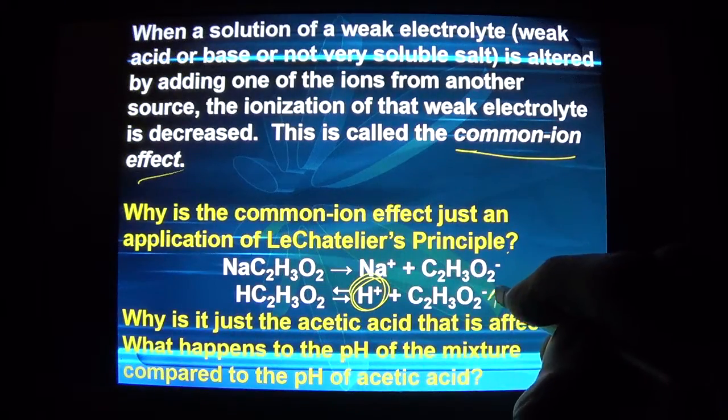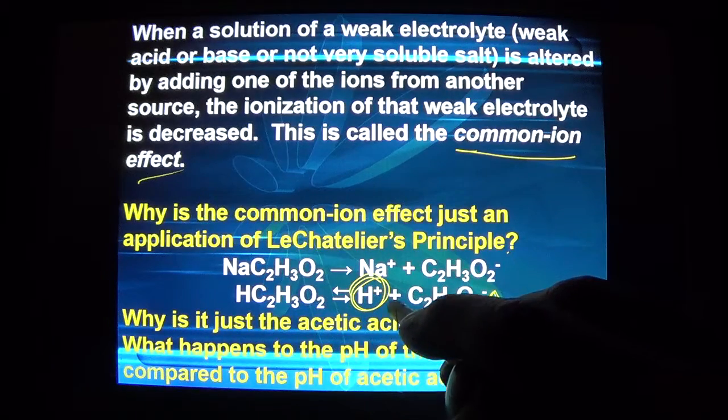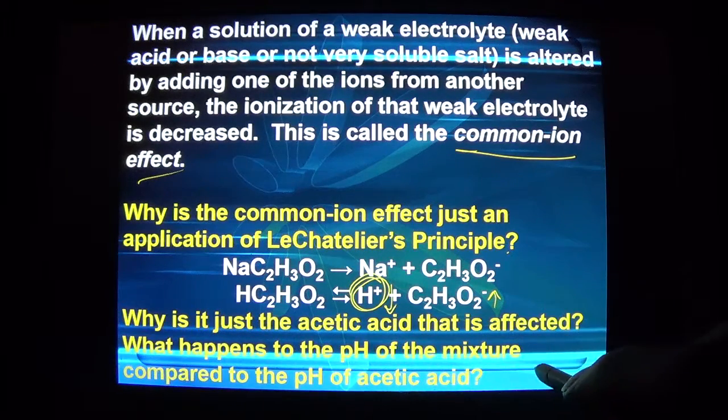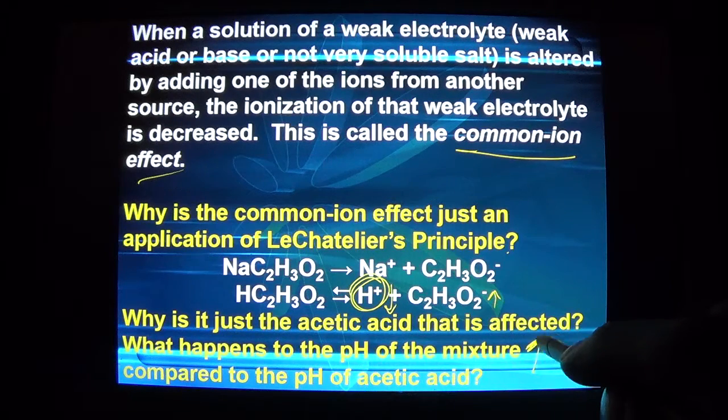If I increase the acetate ion, that's going to shift it left. That's going to use up the amount of H+. So if my concentration of hydrogen ion decreases, what should happen to the pH? It should go up. So when I make a buffer, I'm not going to have a buffer able to be made equal to the pH of the acid without the buffer.